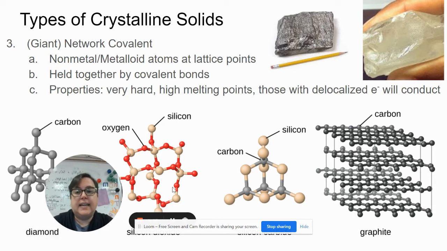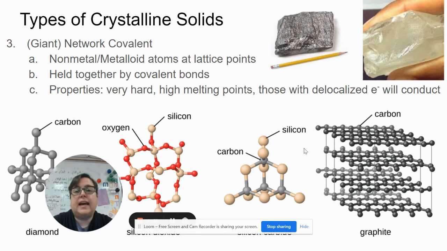Silicon dioxide is right here. That's actually sand, so that's another type of network covalent. At each point of our lattice, we have a nonmetal or a metalloid if it's silicon, and they're held together by just covalent bonds, those sharings of electrons.